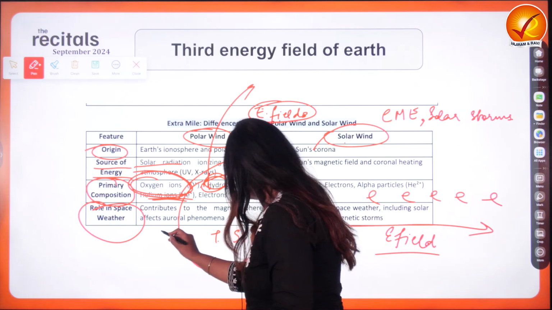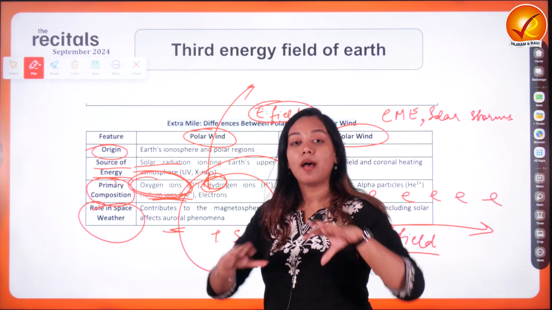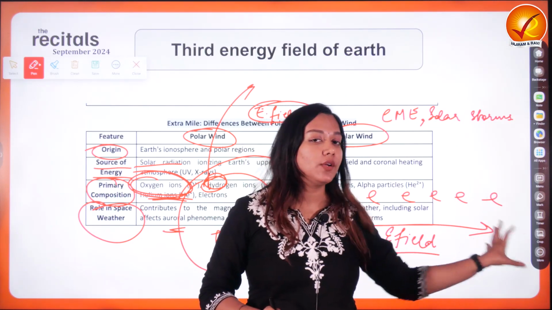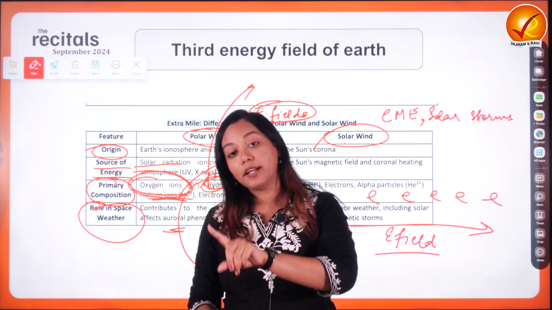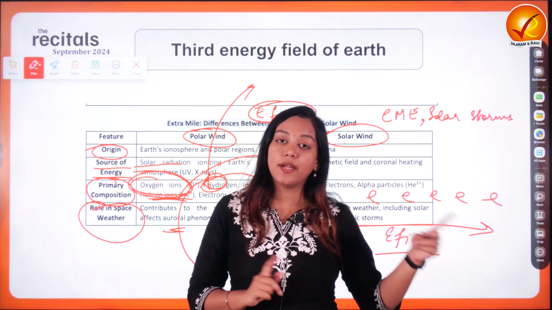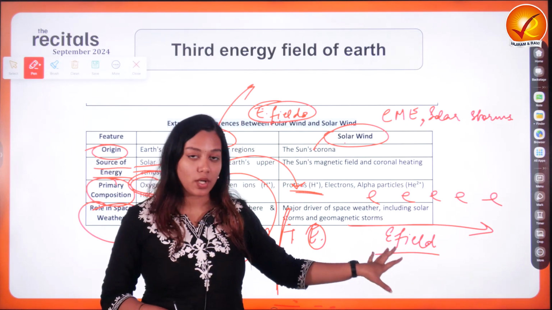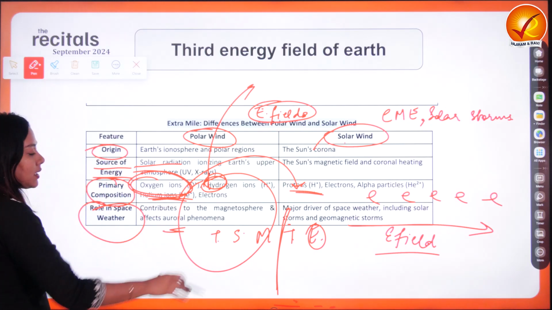So it creates auroras, and it also leads to the overall creation and maintaining the stability of the magnetosphere, because the stronger your electric field is, the stronger and proportionately oriented your magnetic field would be. So magnetic field is very important for keeping us safe against the sun storms, the solar storms like these. Okay, so I hope the difference between both of them is clear to you.